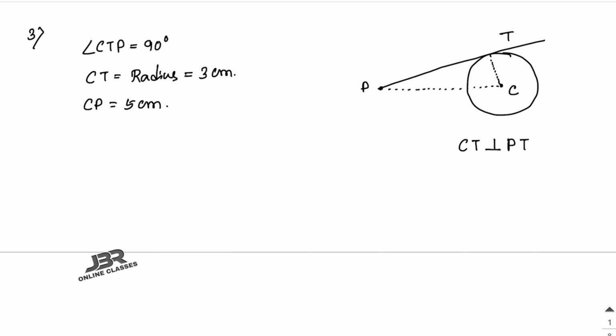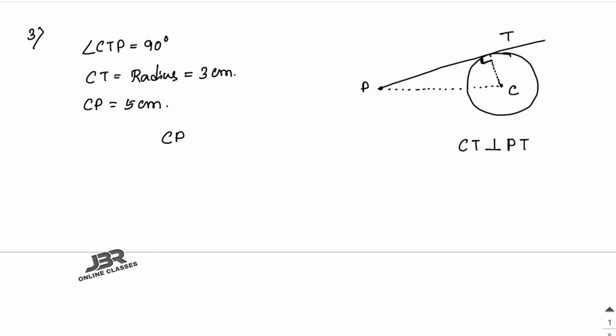Now next thing you have to find out the length of PT. So to find out the length of PT, here you can apply the Pythagoras theorem. As here this angle equal to 90 degree, so that means here CT and PT are the height and base, and here CP is the hypotenuse.